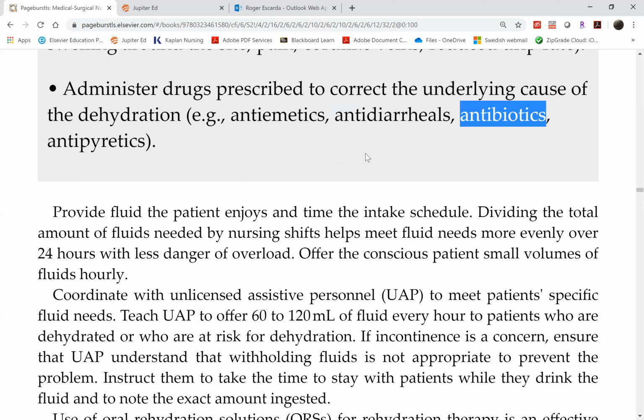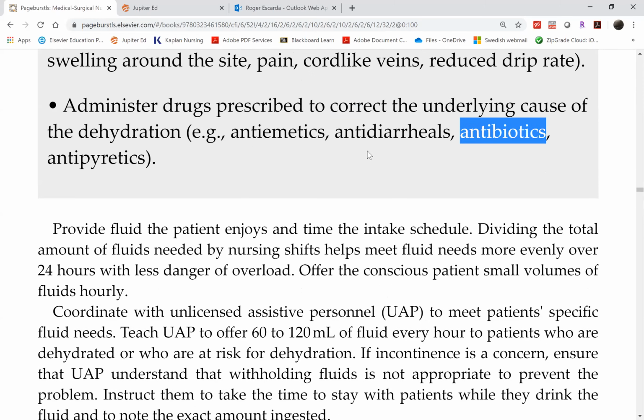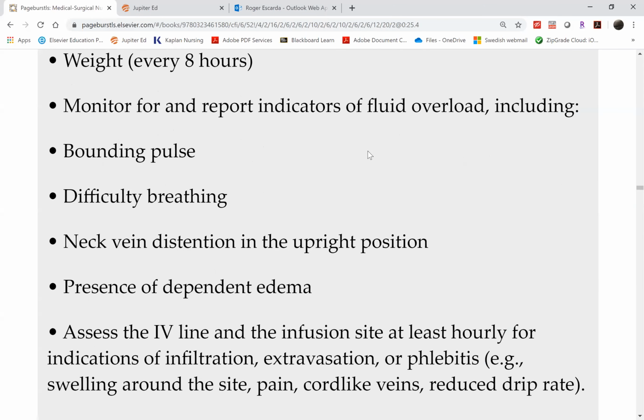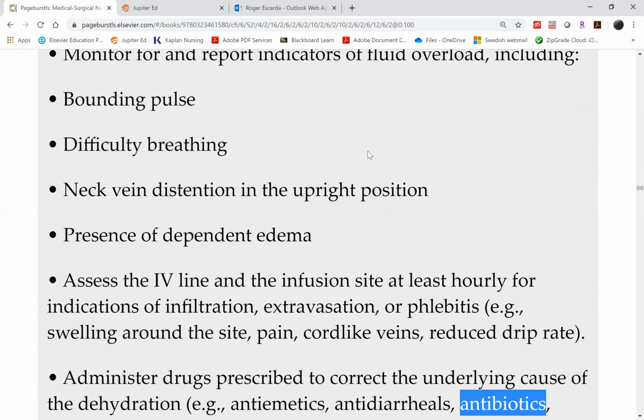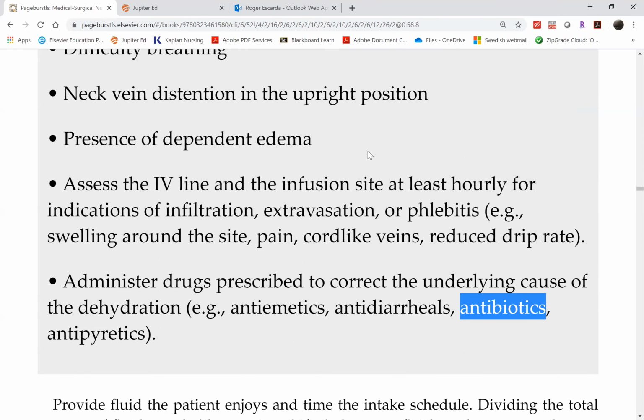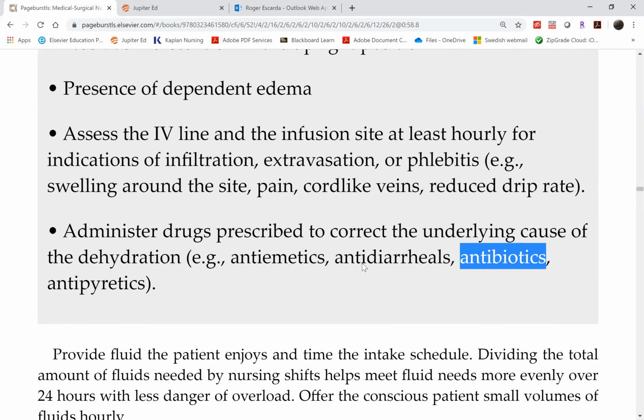It really depends on what led to it. The IV or PO fluid replacement here is symptomatic. You still have to treat the cause that led to the dehydration at the same time.